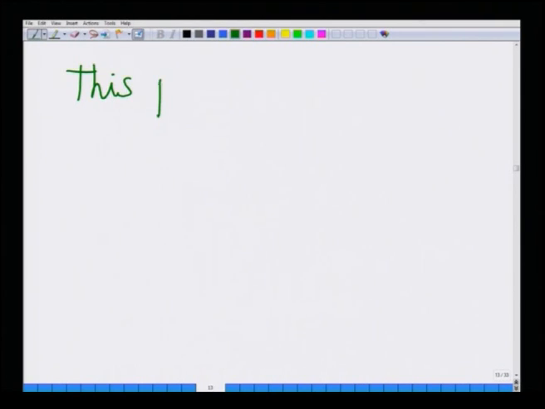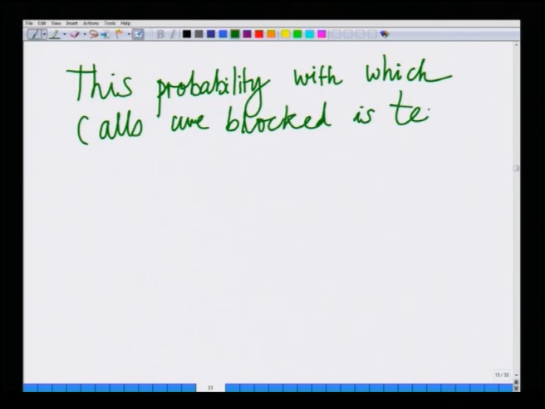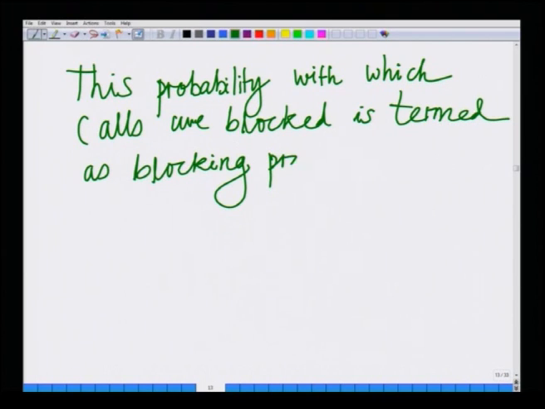This probability with which calls are blocked is termed as blocking probability, and this is a very important parameter which we would like to compute.